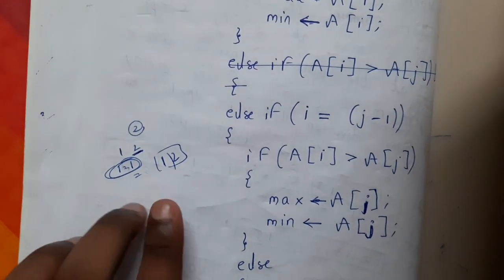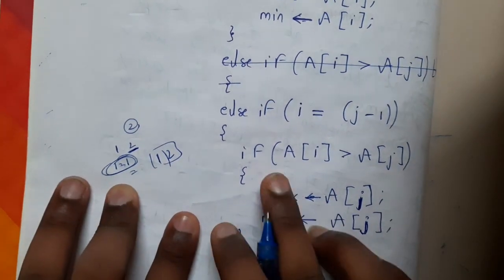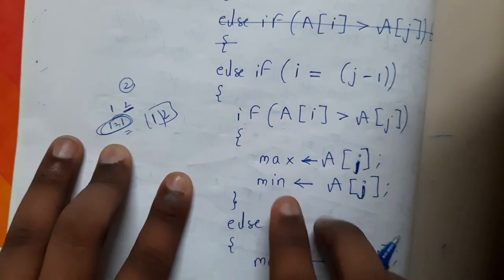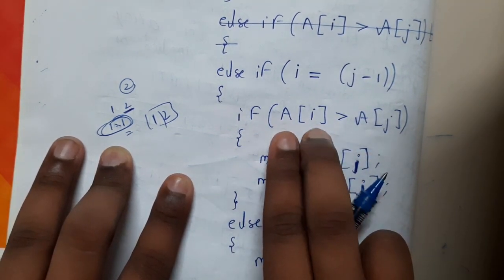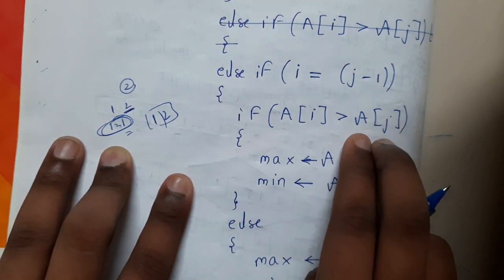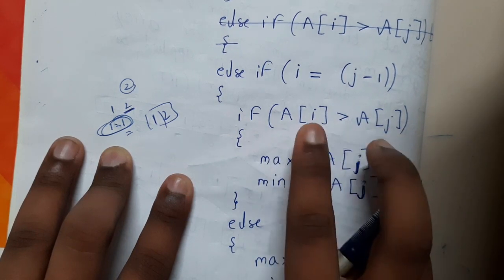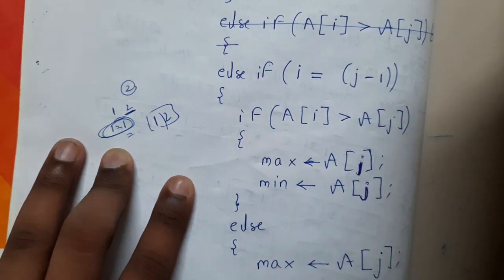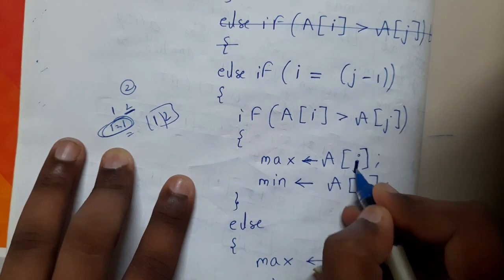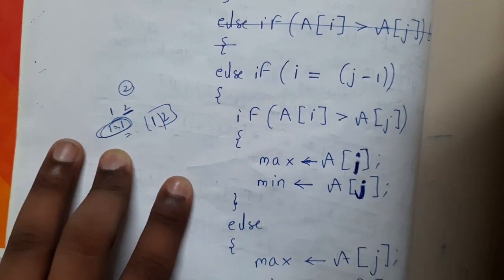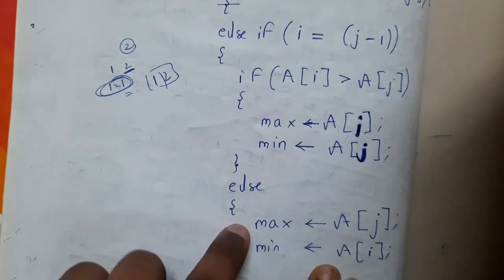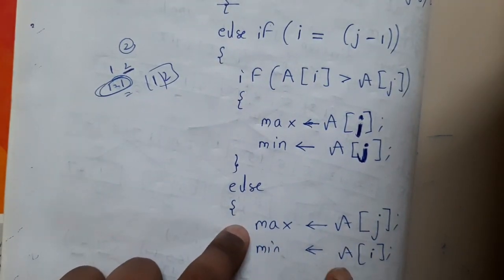I told you if there are only two elements in the array, you'll be comparing them both and finding which is maximum and which is minimum. So if a of i is greater than a of j, then a of i is maximum. You will store a of i in maximum and a of j in minimum. Else maximum equal to a of j, minimum equal to a of i.